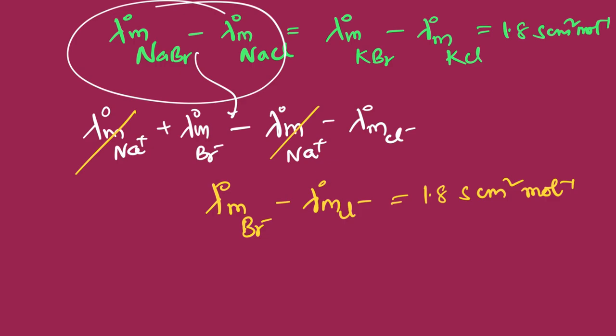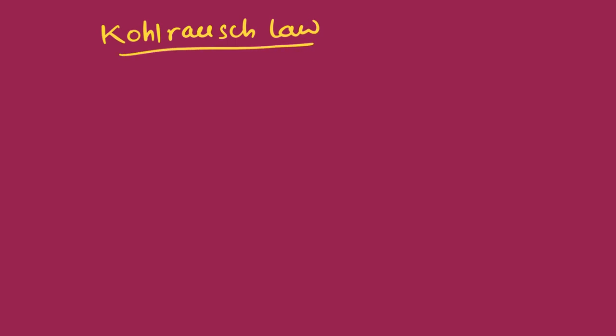Next, what is the Kohlrausch law? This is very important for board level and also for competitive exams. I will take one example of an electrolyte. For example, NaCl ionizes into Na plus and Cl minus.